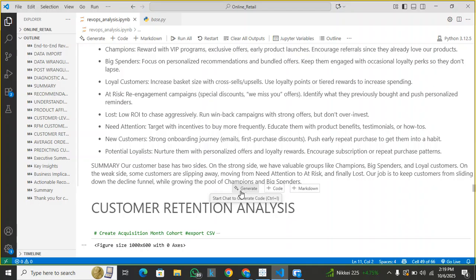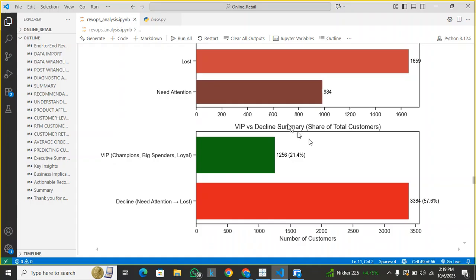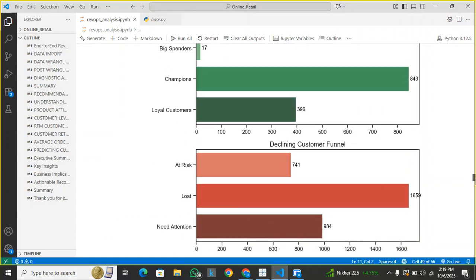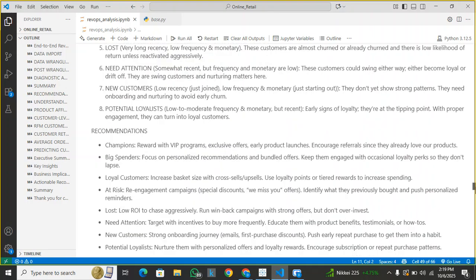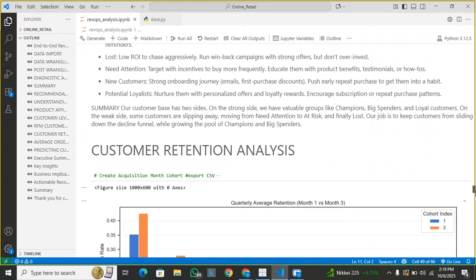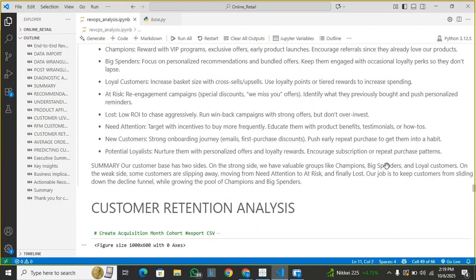Mind you, new customers and potential loyalists are not part of the valuable and declining customer profiles, because we cannot say for sure if potential loyalists will decline or increase, and we cannot say for sure if the new customers will continue buying, so we cannot really place them anywhere except just outside of these two comparison groups.